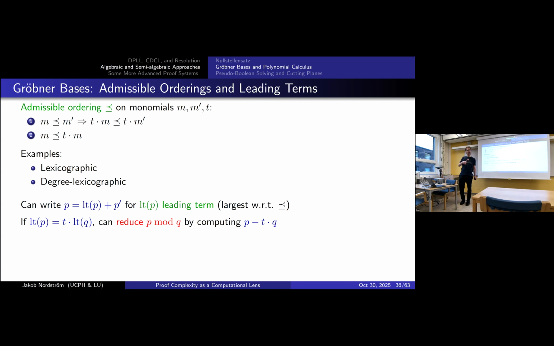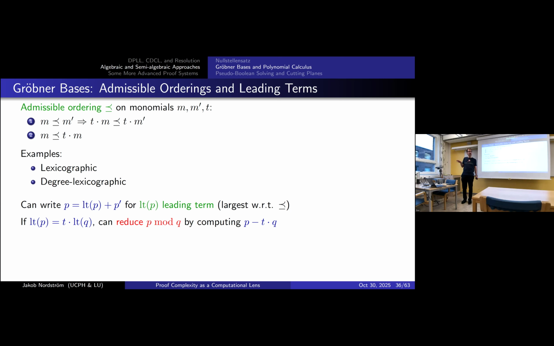So we can write P as the leading term of P plus the rest. Now, if it so happens for two polynomials P and Q that the leading term of P is divisible by the leading term of Q, so the leading term of Q times some other monomial T is equal to the leading term of P, then we can reduce P mod Q by multiplying Q by this term T and then subtracting.